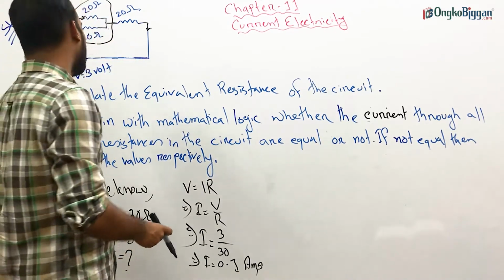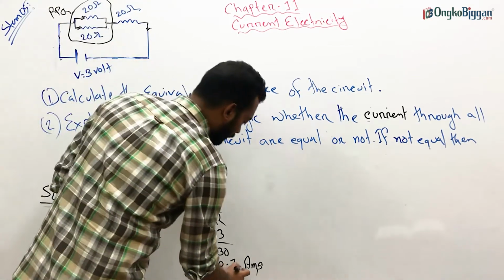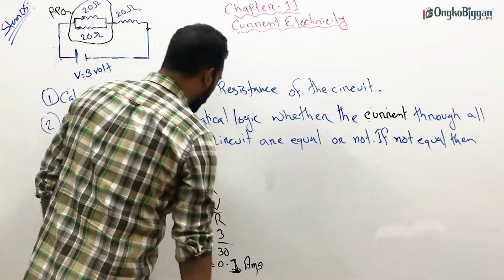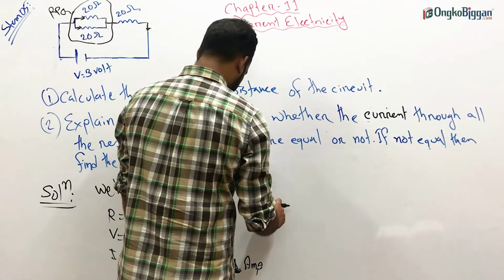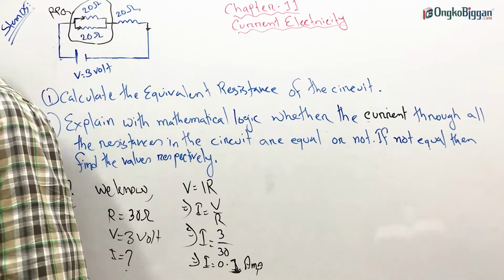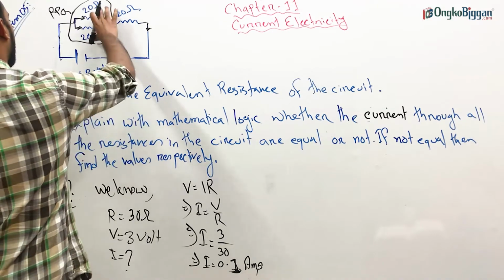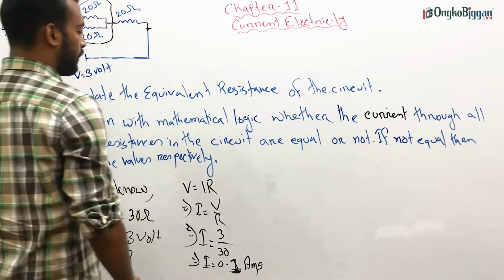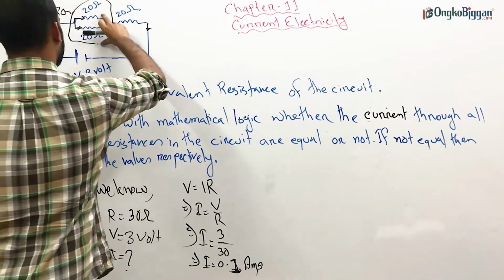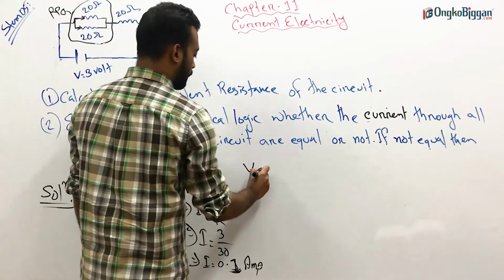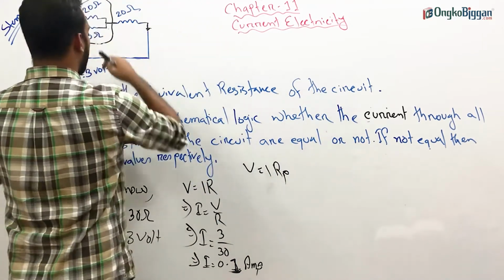So we have to find the value of current. I is equal to 0.1 for the entire circuit. Now let's find out the potential difference. These two are parallel, so what is the potential difference acting across them? V is equal to I Rp, where Rp means the resistance of the parallel part.